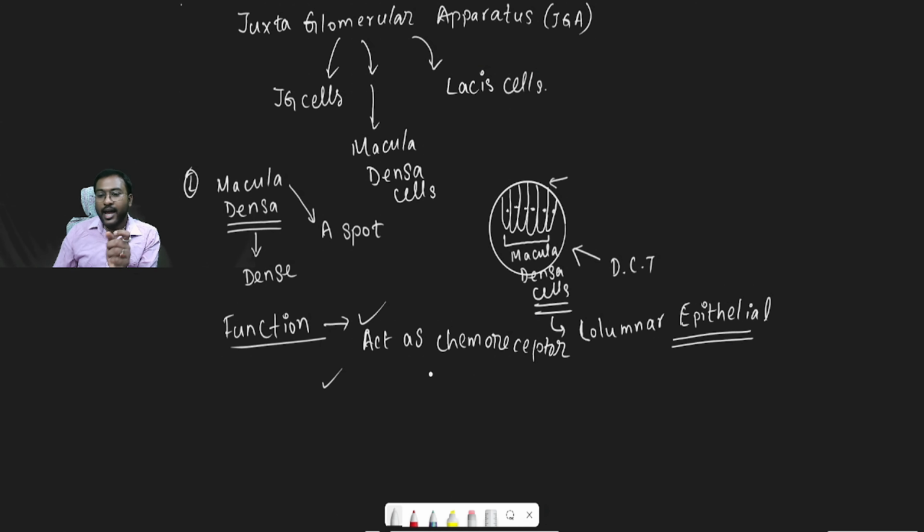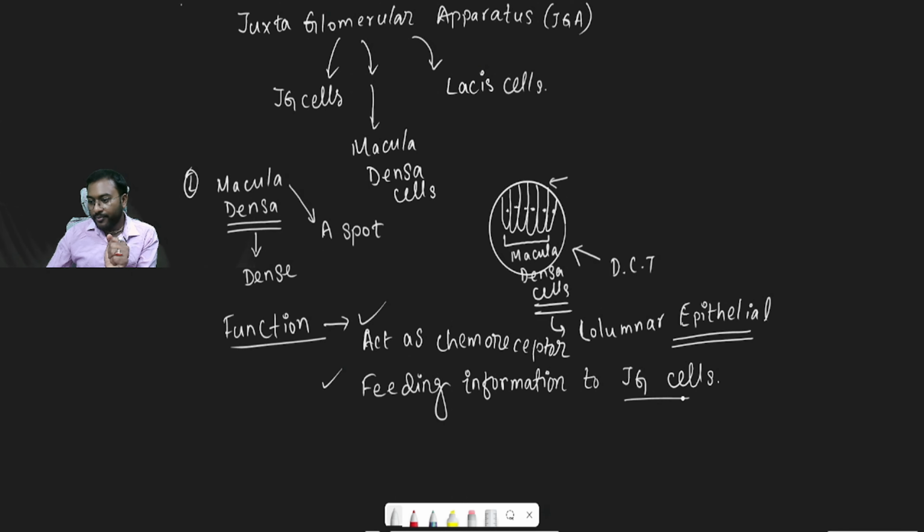This is the first function, and the second function is feeding information to JG, meaning juxtaglomerular cells. Okay, so these two are the main and important functions performed by the macula densa cell, which is present under the JG apparatus or juxtaglomerular apparatus.